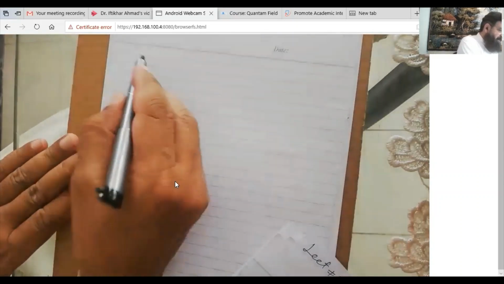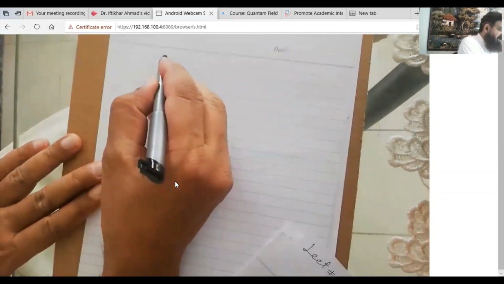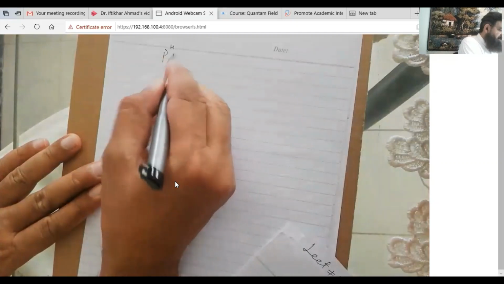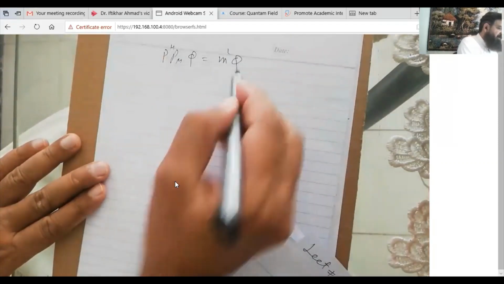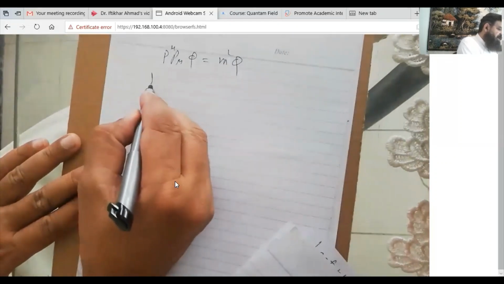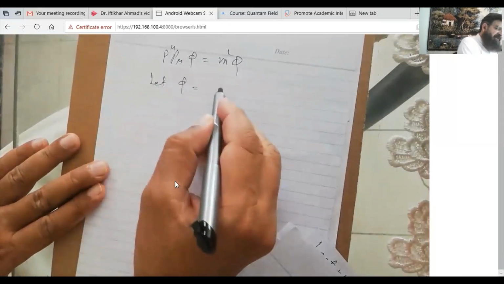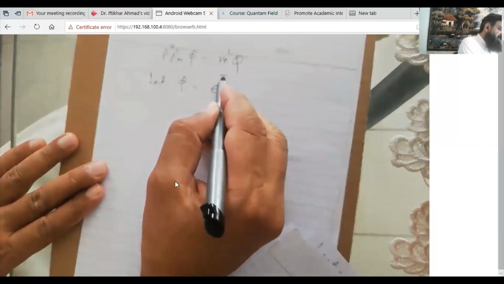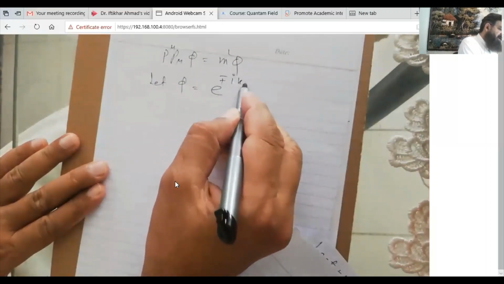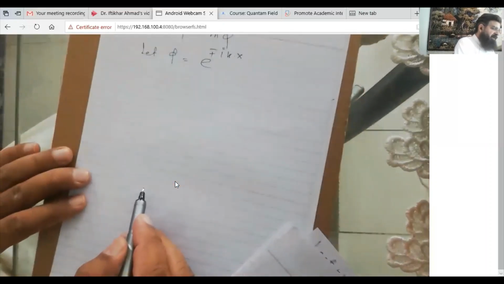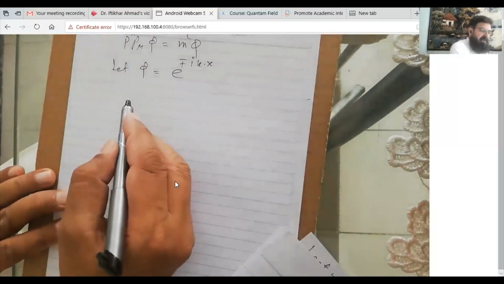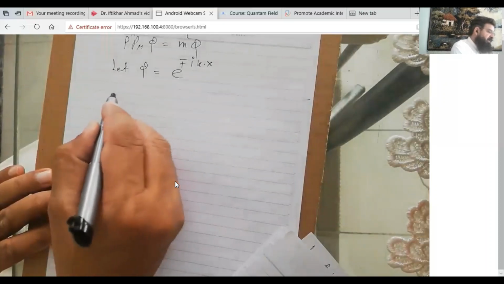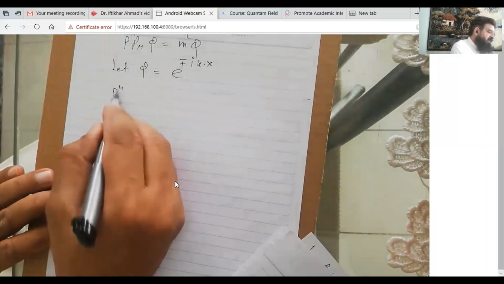Let's start how to find a plane wave solution. So this is equal to m^2 phi. Let the plane wave solution be phi equal to e raised to power minus plus iota k·x. First of all, you operate this on phi.